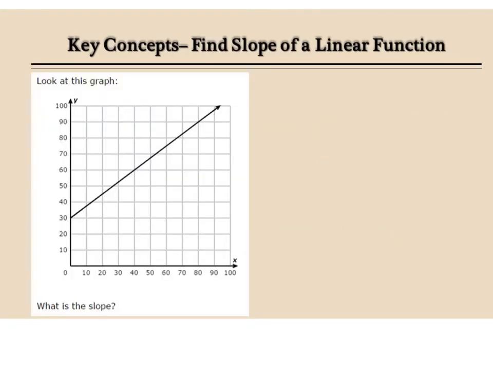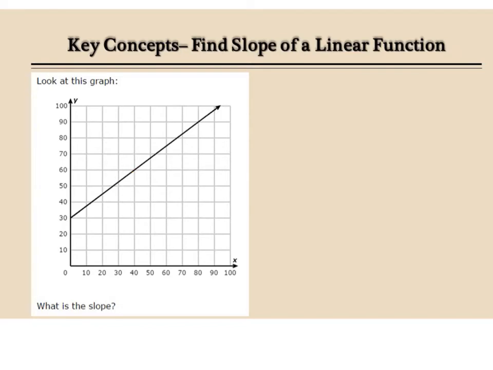Okay, here's a graph. They want to know what the slope is. So the first thing I need to do is find 2 places where the points are directly on the line. So I have one point right here at 0, 30, and another point right here at 40, 60.